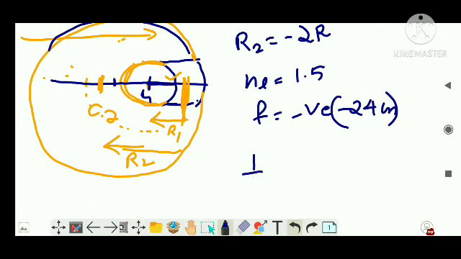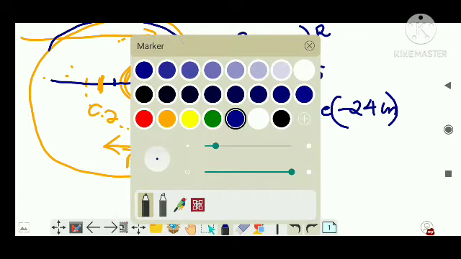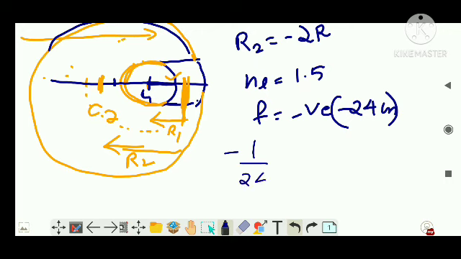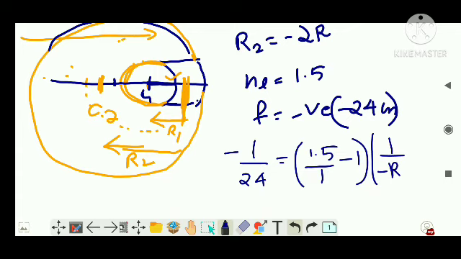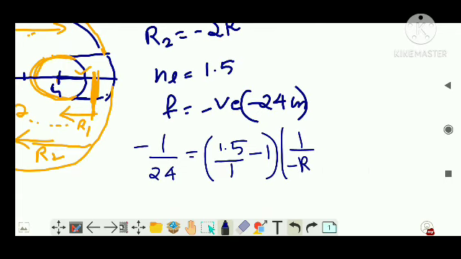Now write the value as in the previous things. 1 by F becomes what? Minus 1 by 24. So in place of 1 by F, I am going to write minus 1 by 24, is equal to (1.5 by 1) (NL by NM in air), then 1 by minus R, that is minus 1 by R, minus 1 by R2, that is minus 2 by R. Now it is a pure calculation.